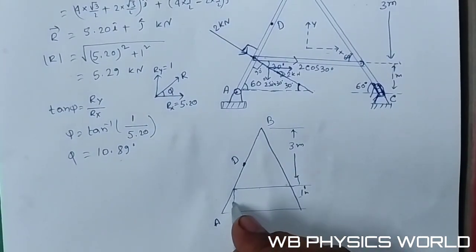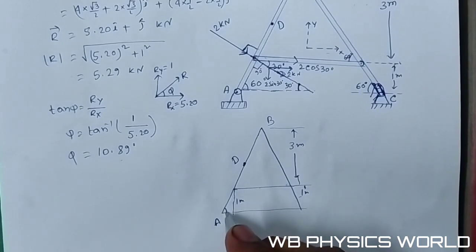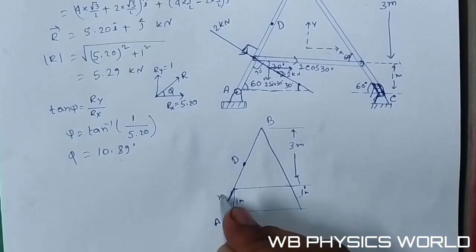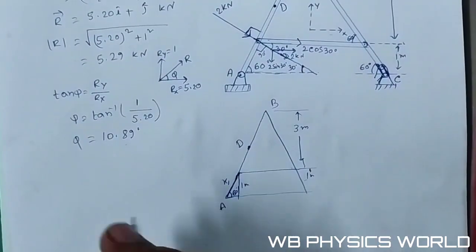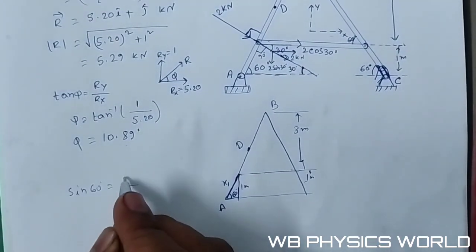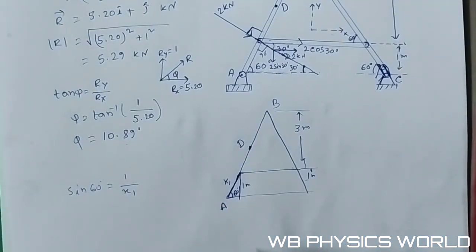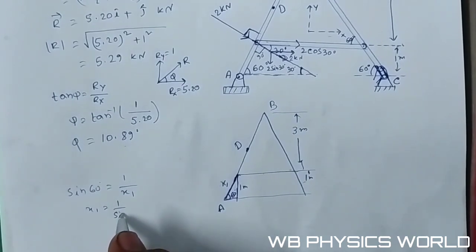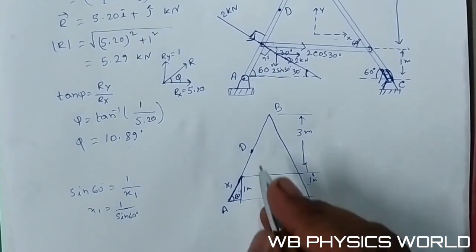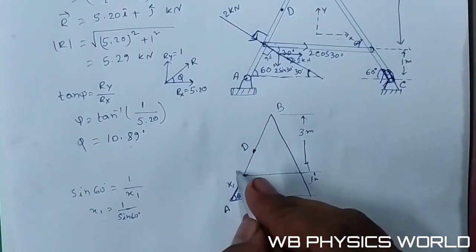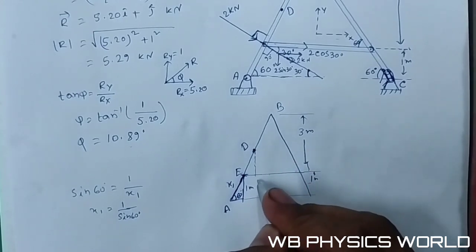Let's say this angle is 60 degrees, and this is the value x1. From this triangle we can calculate sin 60 degrees equal to 1 by x1. So x1 is 1 by sin 60.